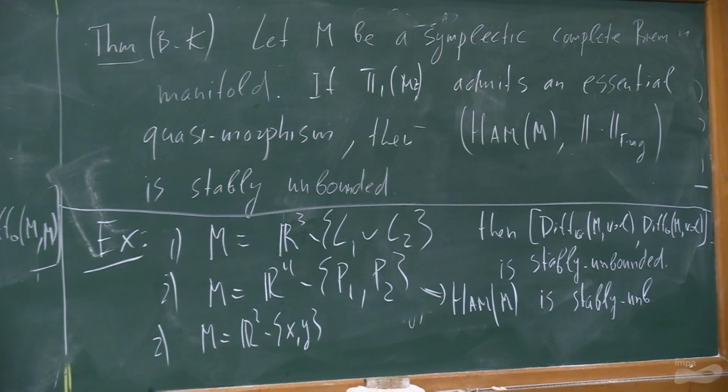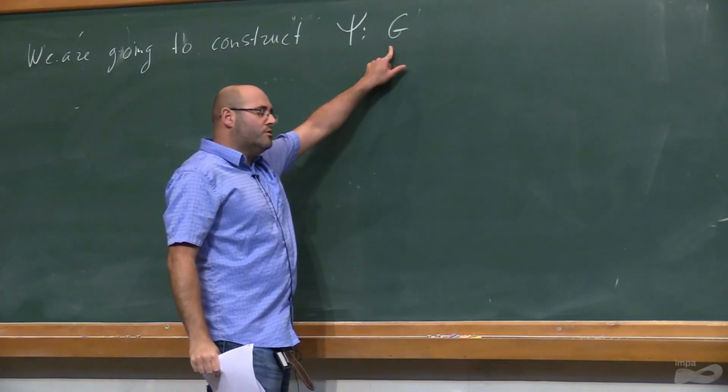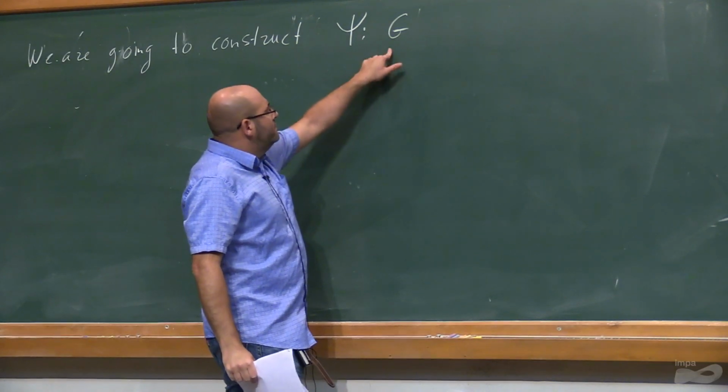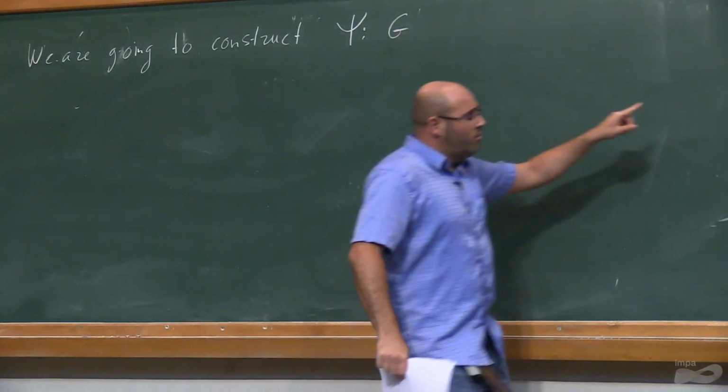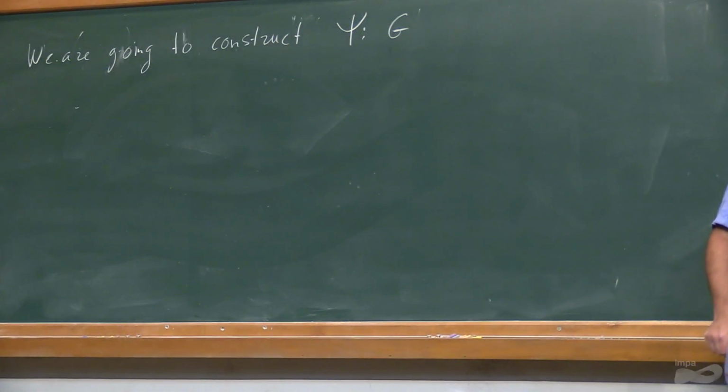We are going to construct some psi from, let's say, G. Remember from the beginning, although I use G for a general group, this is a subgroup of Homeo_0 mu which admits a fragmentation property.